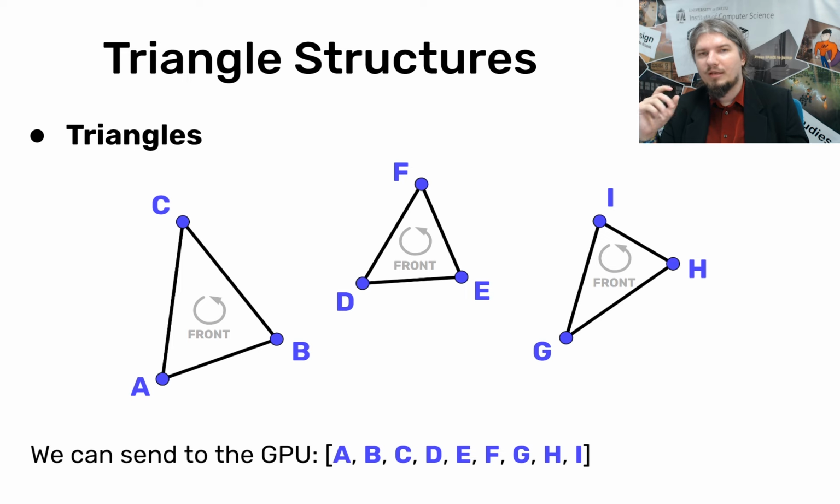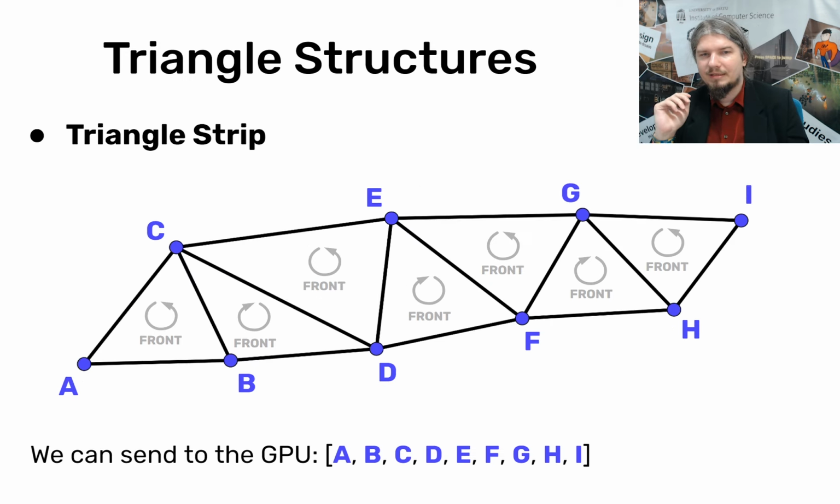Now we can actually create, or people have created, more interesting structures that will allow you to make a connected surface of triangles. And one of these would be a triangle strip. Notice here, we are sending to the GPU exactly the same amount of data, the same 9 vertices, so 9 times 3 real numbers, because there are three-dimensional space, there are 3 coordinates for each of the vertices.